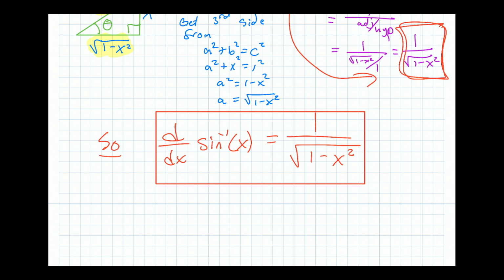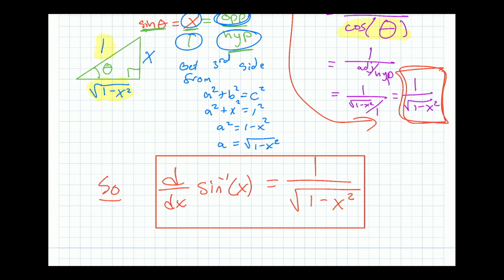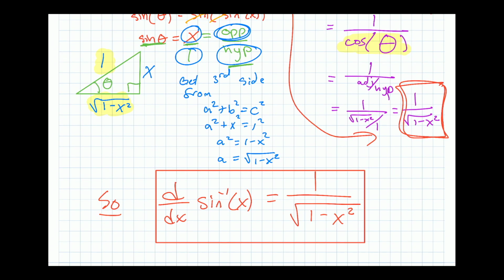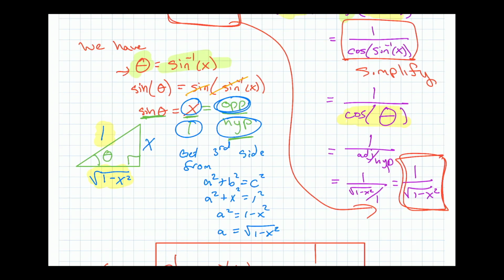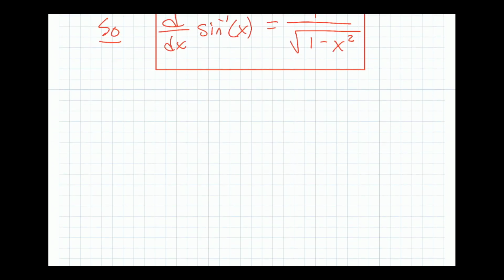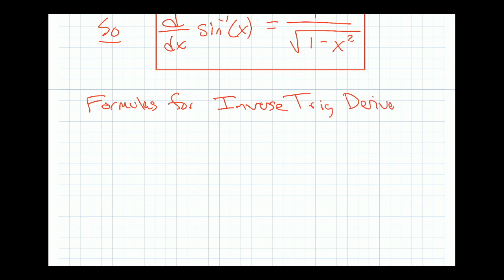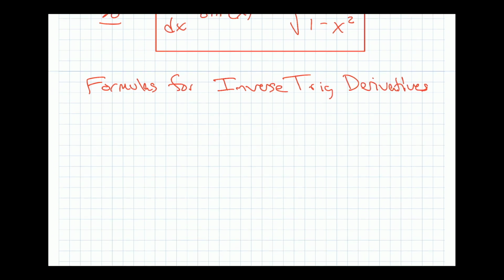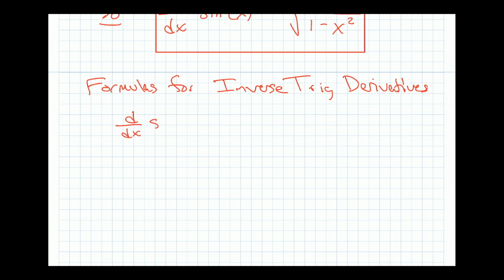That's a lot of work, but what I want you to remember when you're looking at this and freaking out, thinking that you don't understand it, is that you're not going to be doing this. This is just where the formulas come from. What you're going to be doing is using the formulas. So the formulas for inverse trig derivatives are as follows. d/dx sine inverse x, that's the one we just did.